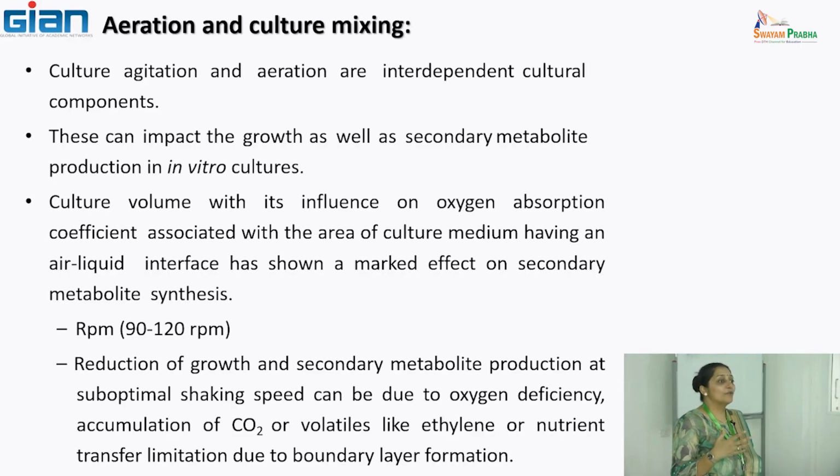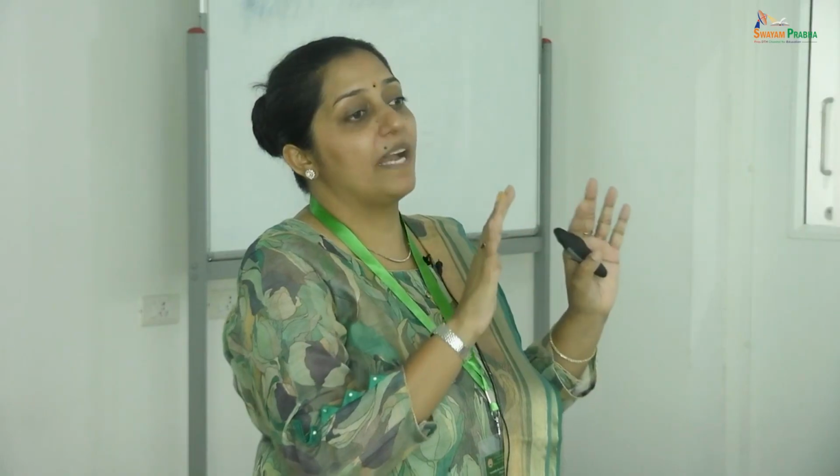But you cannot afford such high speeds for plant cells, because if you see the literature, they range somewhere between 80 to 125 maximum. The more you keep increasing the RPM, the more the cell viability is compromised.